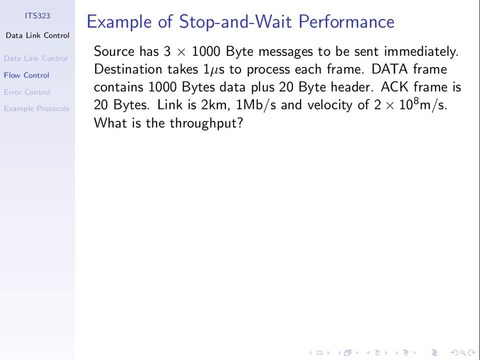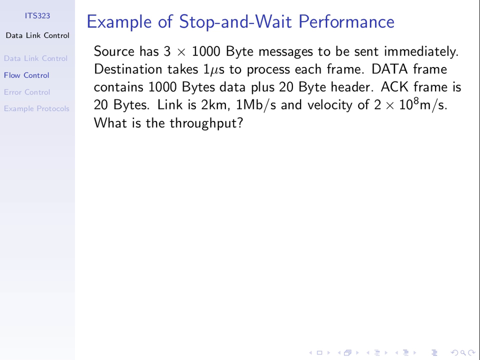If we increase the data size from 1,000 up to say 10,000, this will increase from 1,000 to 10,000. This will increase, but the ratio of the data to the header will get smaller. There'll be less overhead from the header relative to the data, and our efficiency will go up.